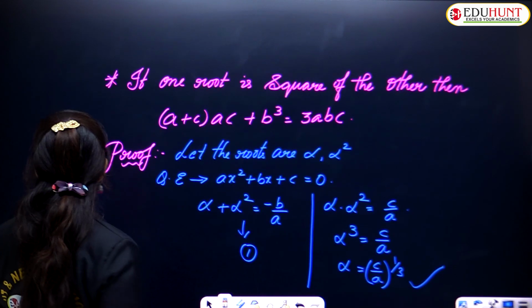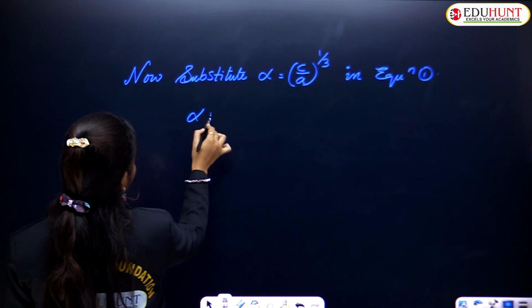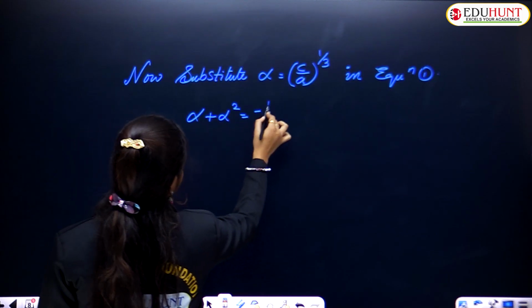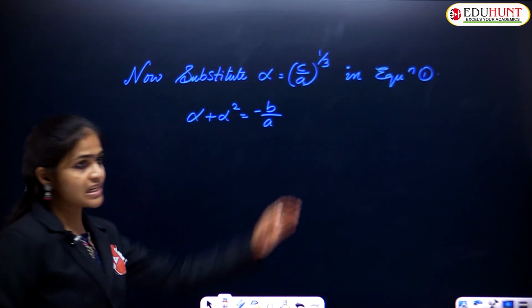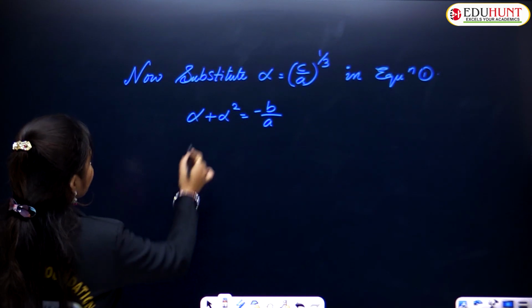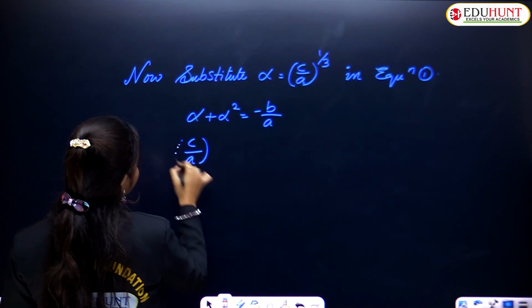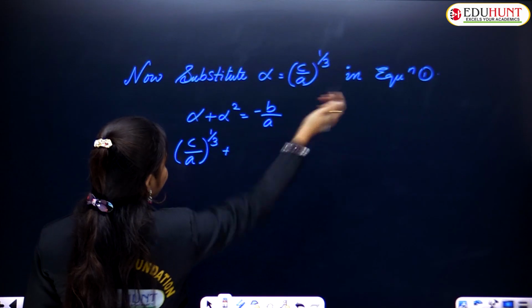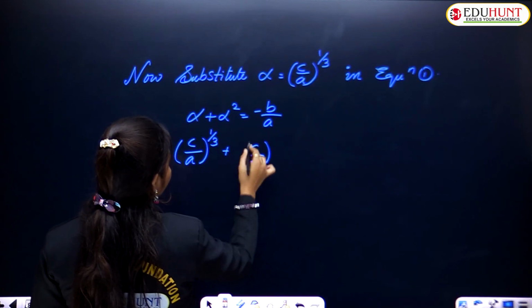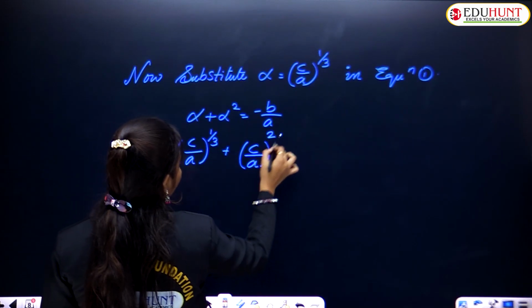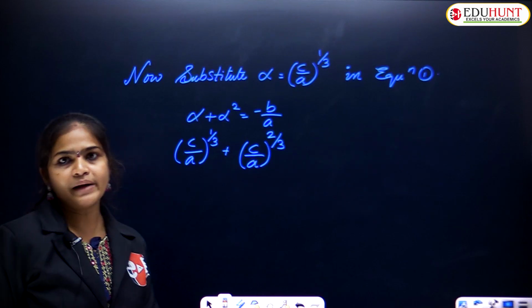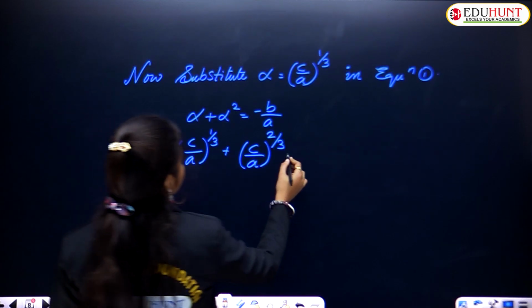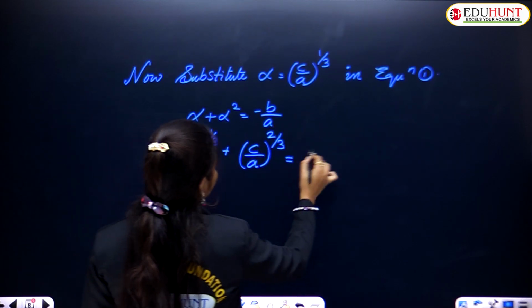In equation 1, what did we get? Alpha plus alpha square is equal to minus b by a. So substitute that alpha value here: c by a whole power 1 by 3 plus, for alpha square, c by a whole squared, so 2 into 1 by 3 is 2 by 3, which equals minus b by a.